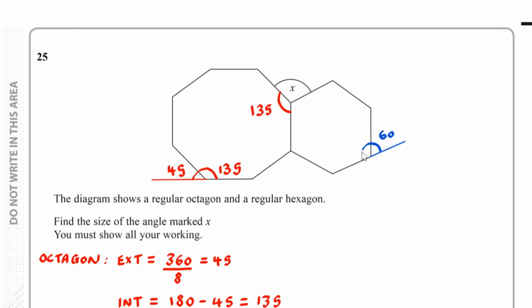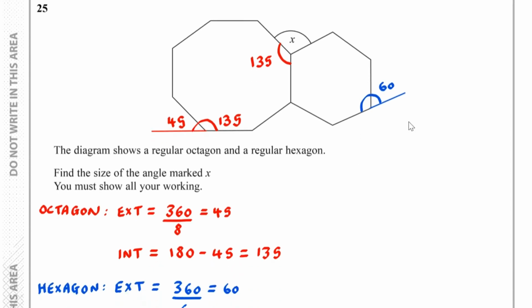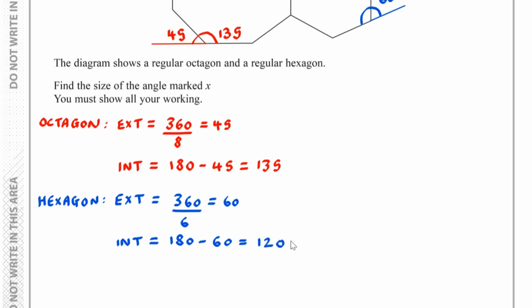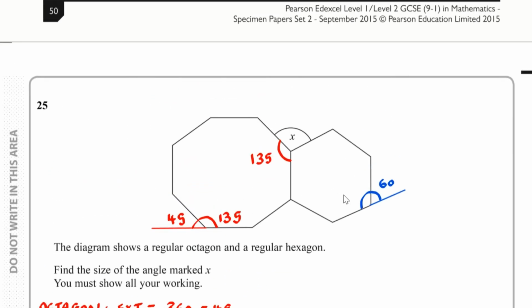And so we can find out what this angle here is by doing 180 minus that 60. So I've got the interior angle equaling 180 minus 60, which is 120. So this angle is 120. So in essence, this angle here is also 120.